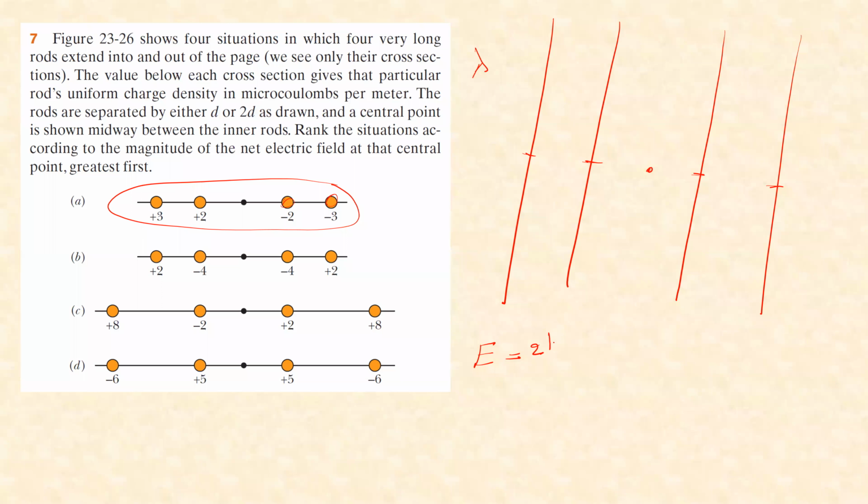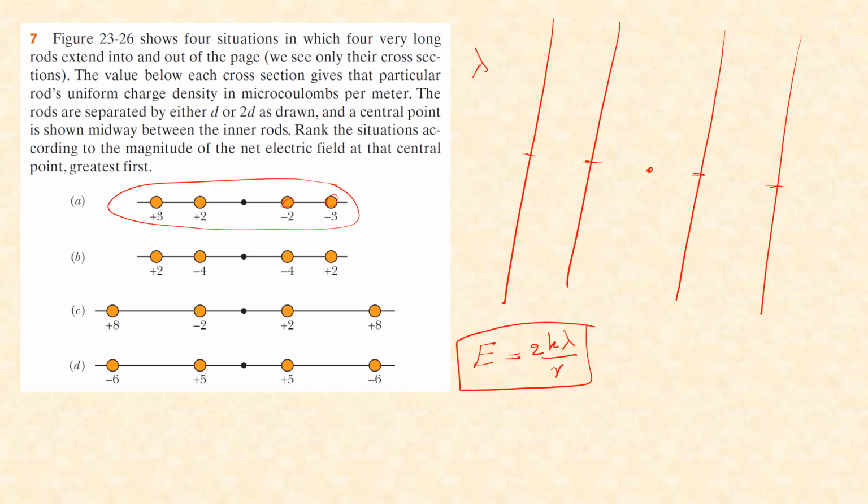It was 2k lambda over r for an infinitely long line of charge. There is a more general formula, but if you have an infinitely long rod or wire of charge density lambda, it reduces to this.